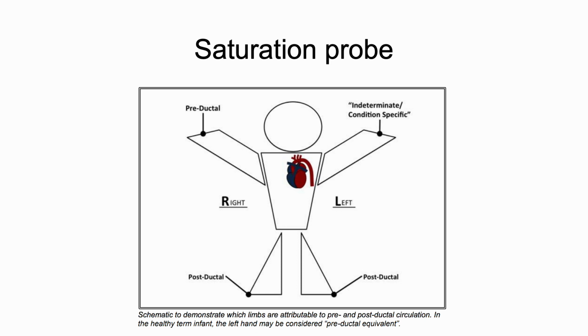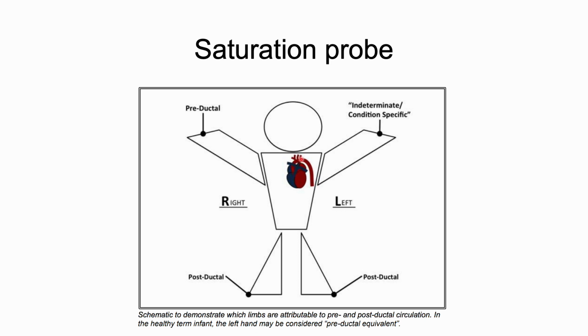Then when you're diagnosing the desaturation, you have to take into consideration where you're putting your oxygen saturation probe on. So let me find my laser pointer. This is the baby, right arm, left arm, lower extremities. Here's a picture of the heart showing the aortic arch come off.